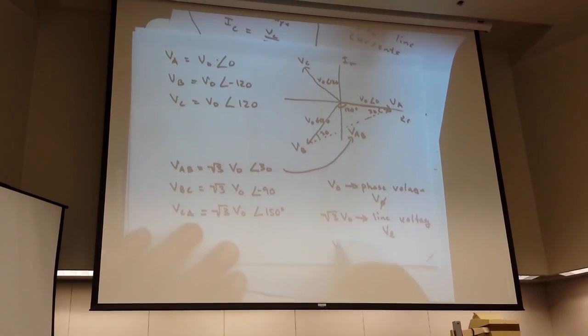And so VL equals square root of 3 times VP. Or V line equals square root of 3 times V phase.